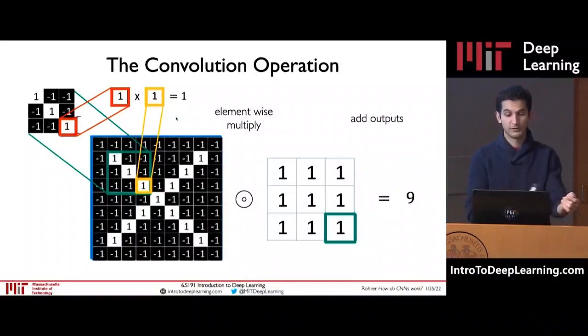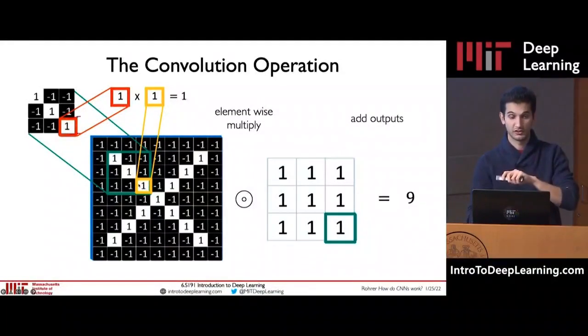To do this, we can perform an element-wise multiplication of our filter, or our feature, with our image. We can place this filter on the top left on top of our image on the bottom and element-wise multiply every pixel in our filter with every pixel in the corresponding overlapped region of our image. For example, here we take the bottom right pixel of our filter, which is 1, and multiply it by the corresponding pixel in our image, which is also 1, and the result, 1 times 1, is 1.